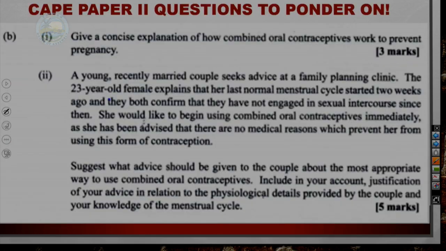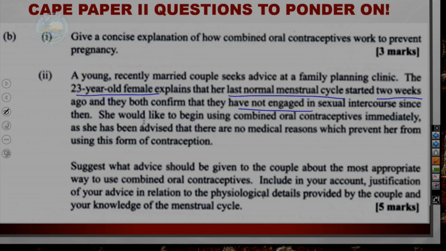So the second part of this question read, a young recently married couple seeks advice at a family planning clinic. The 23-year-old female explains that her last normal menstrual cycle started 2 weeks ago, and they both confirm that they have not engaged in sexual intercourse since then.